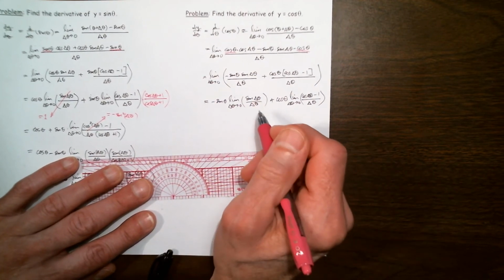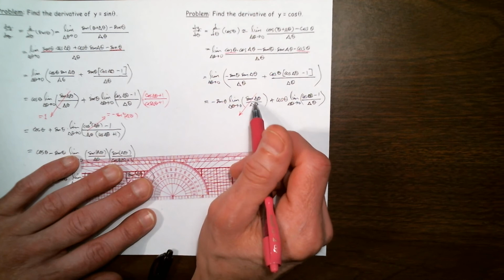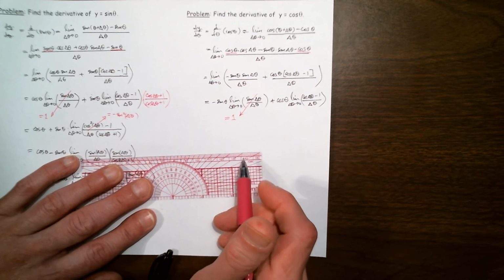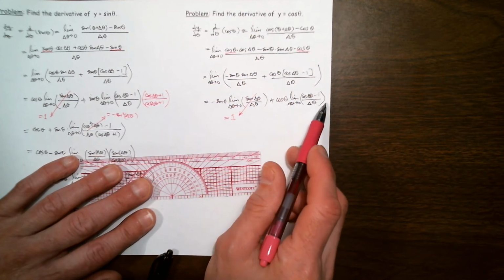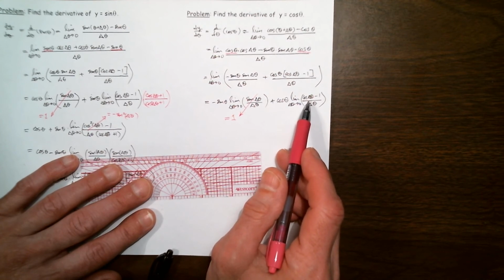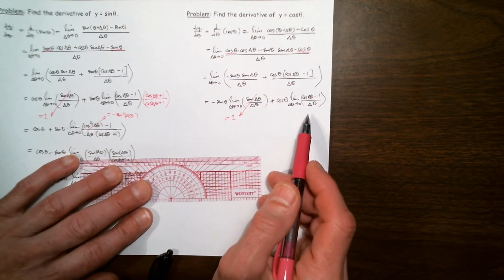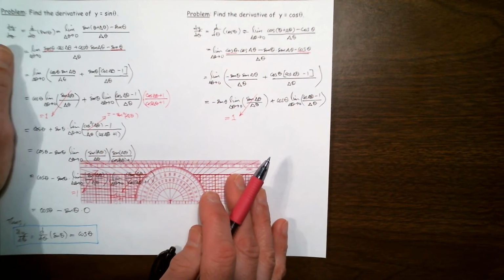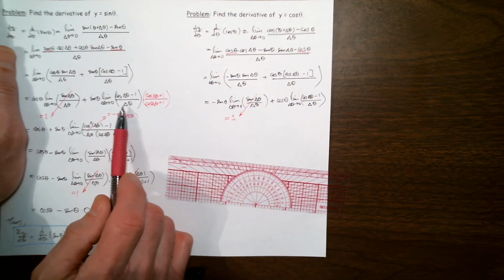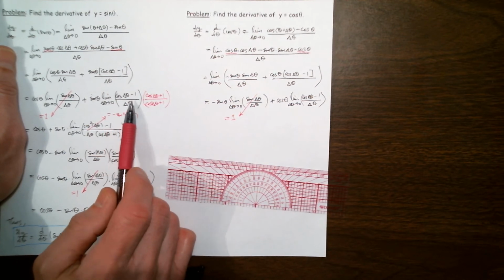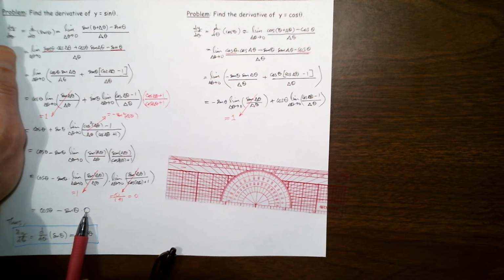So we simply have to consider these two limits on the right side. What we know is that this indeterminate limit, sine delta theta over delta theta, converges to 1 as delta theta goes to 0. The other limit, cos delta theta minus 1 over delta theta, is also indeterminate 0 over 0. But that was exactly the same limit we had in the problem involving the derivative of the sine function, which we found ultimately to have value 0.